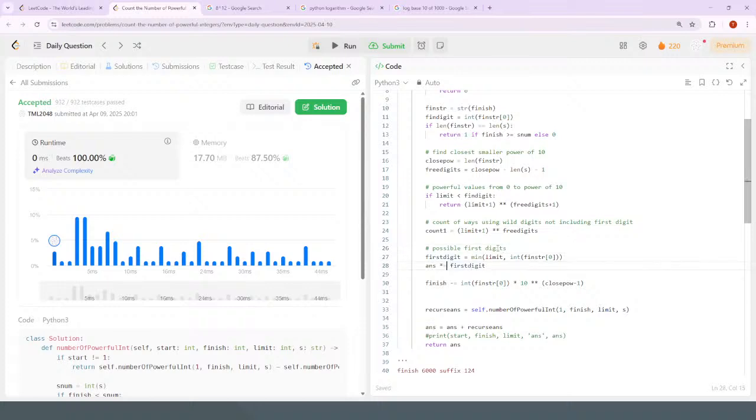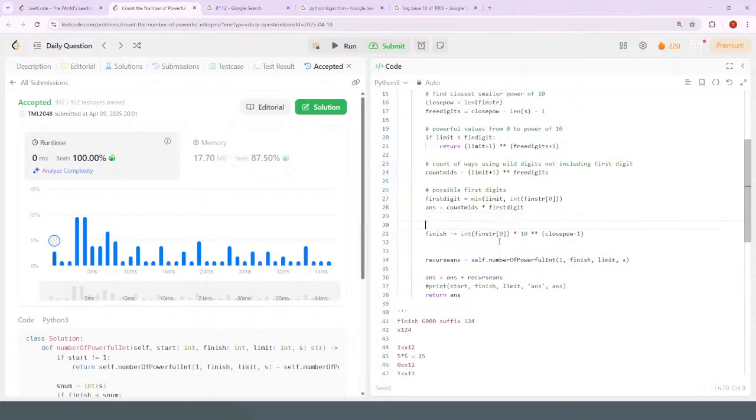And then your answer is going to be equal to your count mids times your possible first digits.